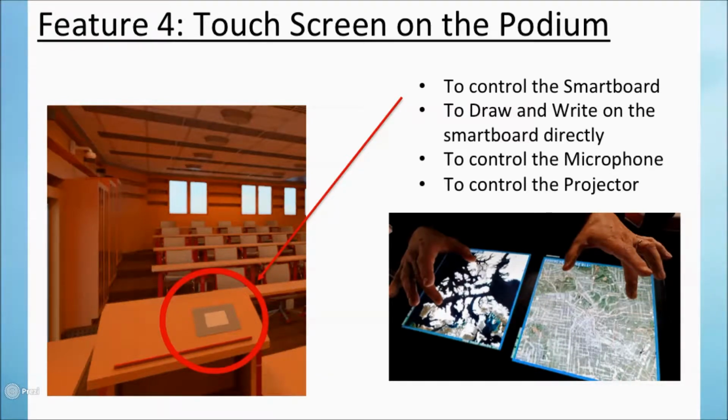As this is a touchscreen, it can also be used for drawing and writing, and can be transferred to the smartboard directly. It is also able to control the microphone and projector. So this allows the lecturer to more easily control the lecturing and also the tutorial if needed, and a better presentation.